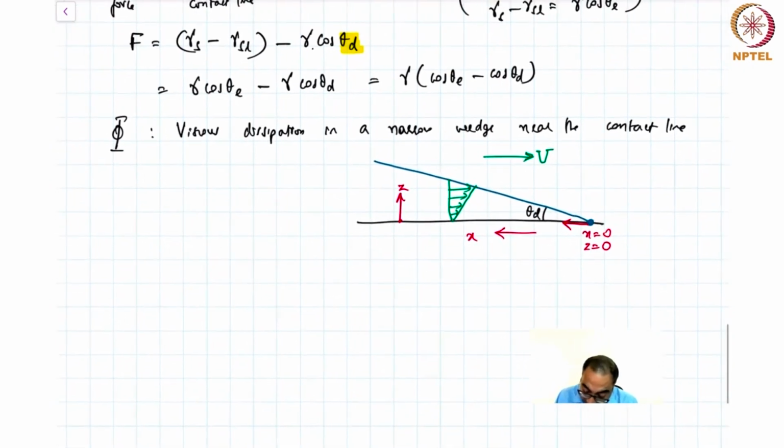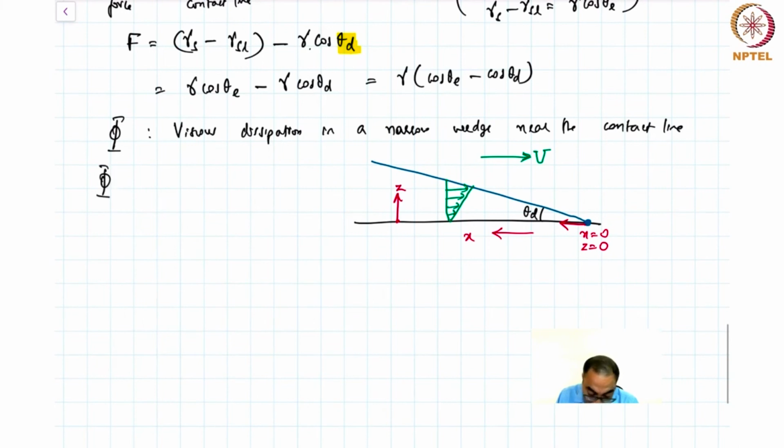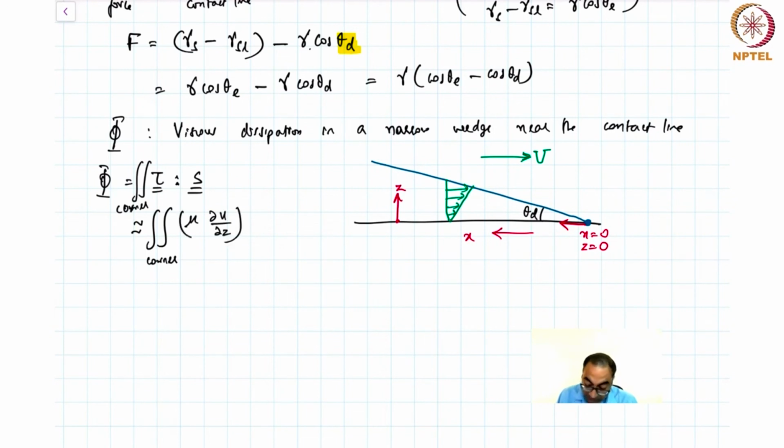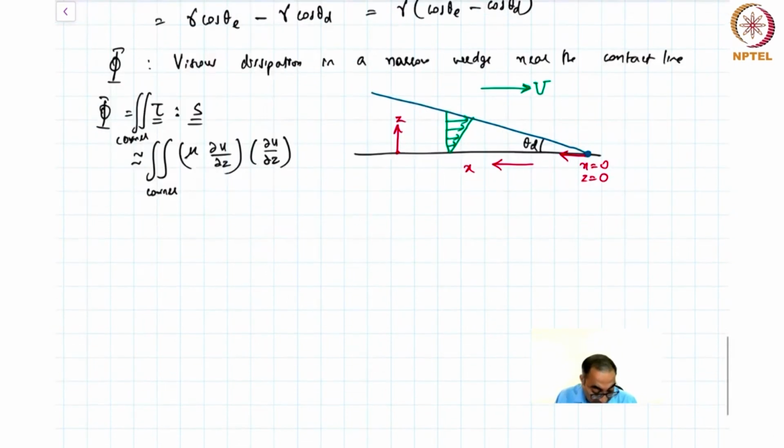Okay, so we know from fluid mechanics that this dissipation phi is related to the stress tensor and the strain rate tensor in this form. And if you write down the main dominant terms in this corner, by the way, this has to be integrated over the corner, the main dominant terms would simply be the shear stress, that is mu times del u by del z, times the dominant strain rate, del u by del z.